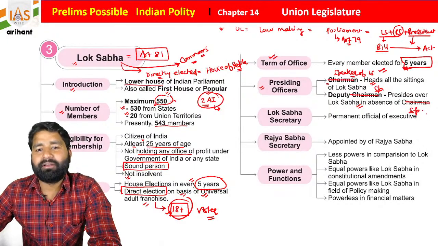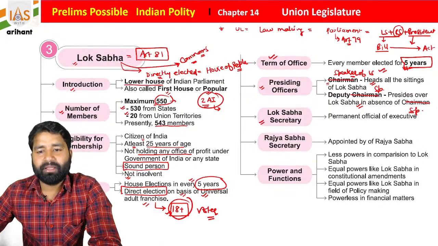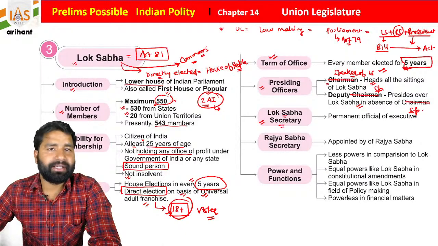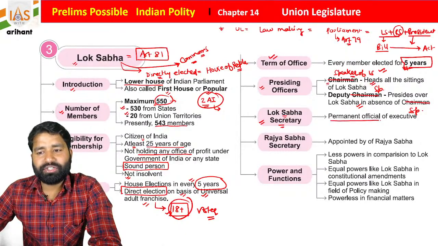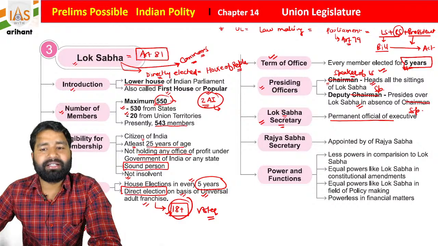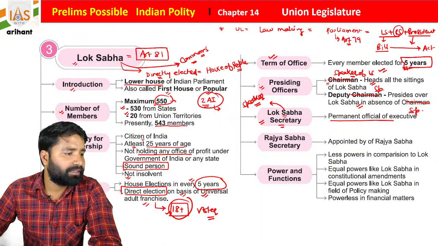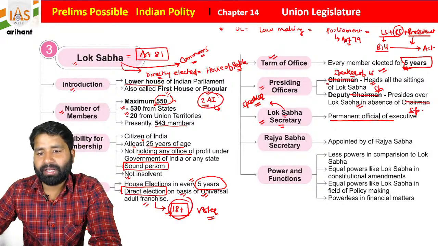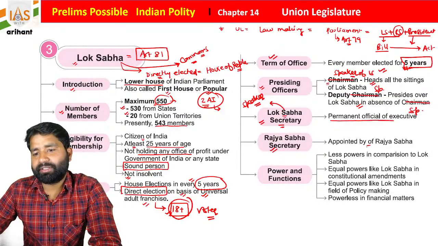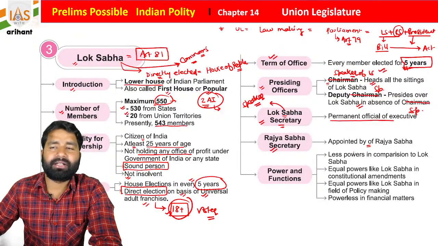The Lok Sabha Secretariat, the permanent official body of the executive, is headed by the Lok Sabha Secretary General, and it works under the Speaker. Very important point, because it was previously asked in multiple examinations. So that's why I am giving you this data. The Rajya Sabha Secretary General is appointed by the Rajya Sabha.